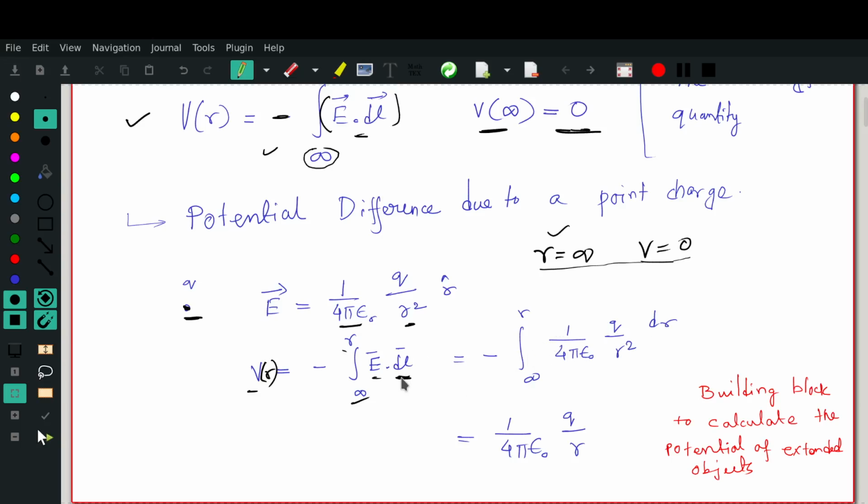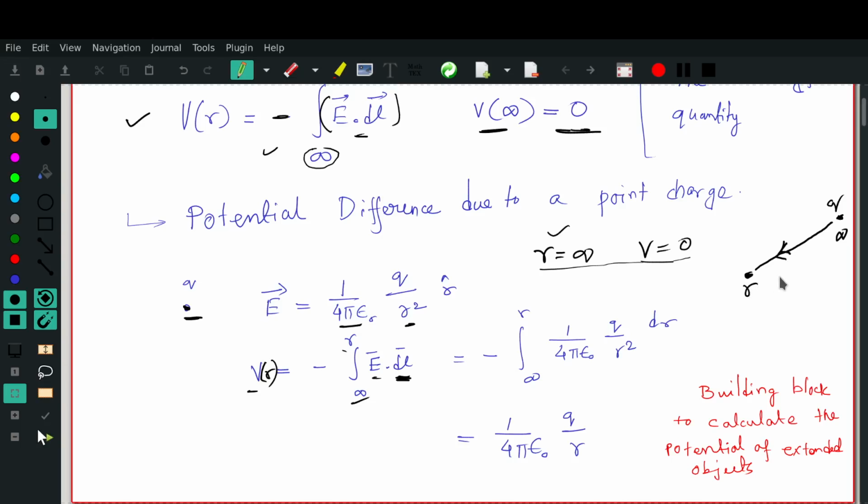What you can do right now is just integrate. Now see how I have written the dl here. If there is some point r here, and you are bringing the q which was sitting at infinity, let's say along some path, but as I mentioned, for this electrostatics problem the path doesn't matter. So I will basically bring it along a line.